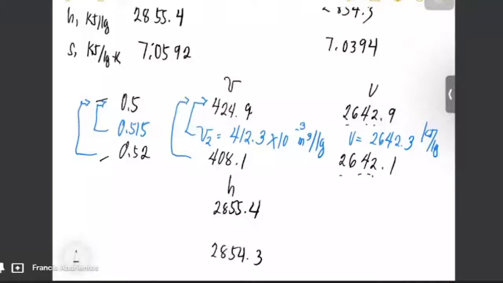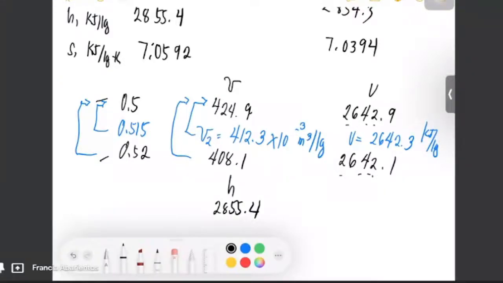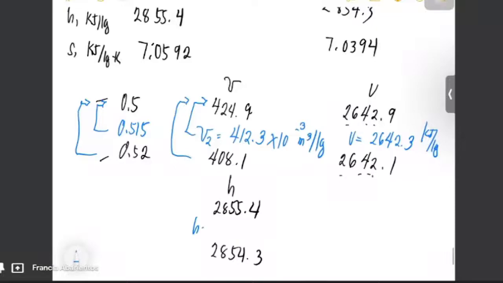So, 2854.3 minus 2. Okay. What is your answer? Ano yung answer ko? Ayan. Your enthalpy at 0.2 is 0.2.